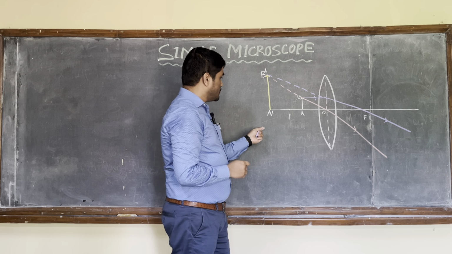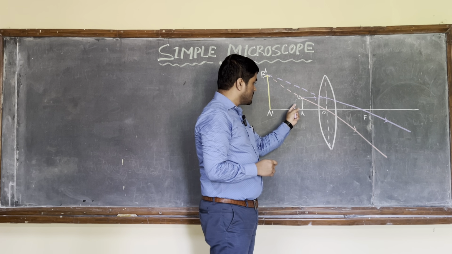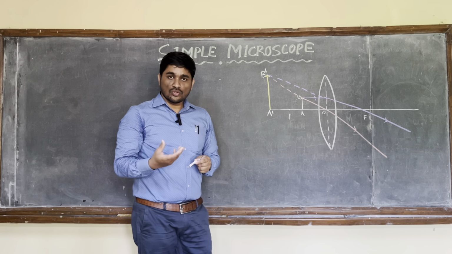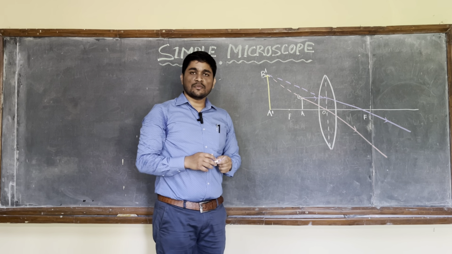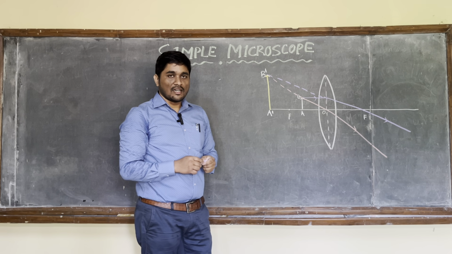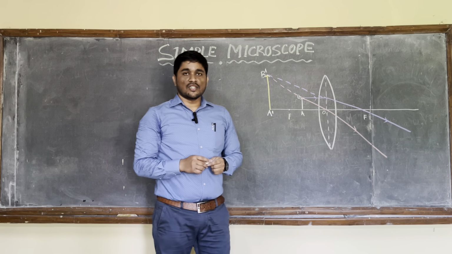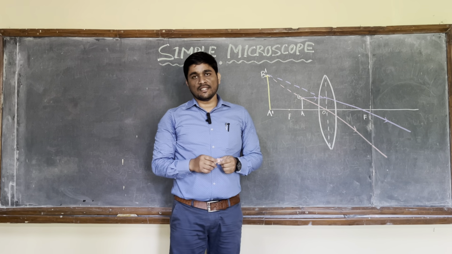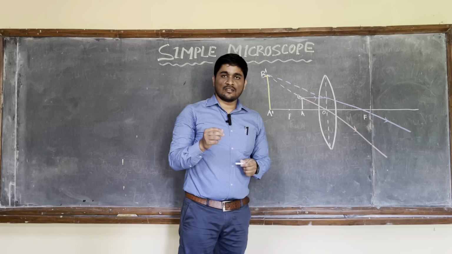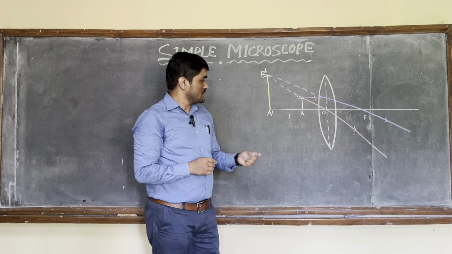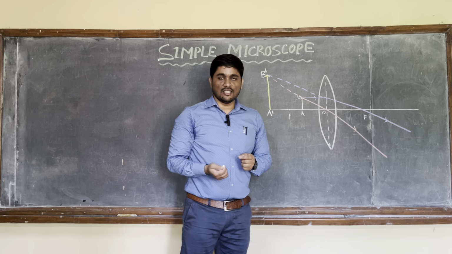And for microscope you have to adjust the object so that the image will form at a distance of distinct vision D, and you know the distance of distinct vision is 25 centimeter, at which the image form is a sharp one. That means you can see the clear image.